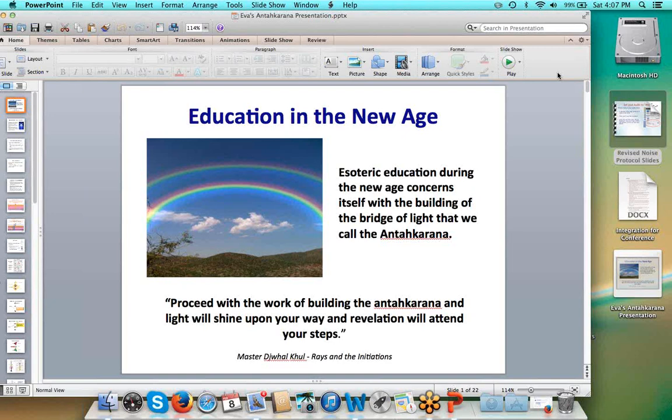What a wonderful, wonderful thing to think about, right? That if we work on building the Antahkarana, light will shine upon our way, and we will have revelation coming to us. And that is a direct quote from Master DK or Djwhal Khul, and it's from Rays and Initiation.